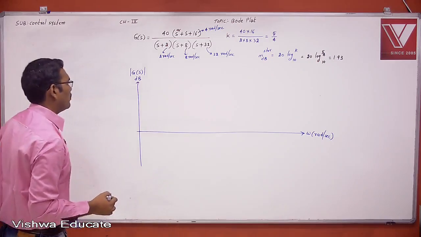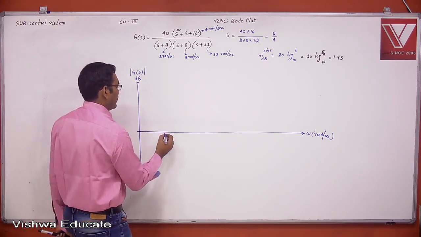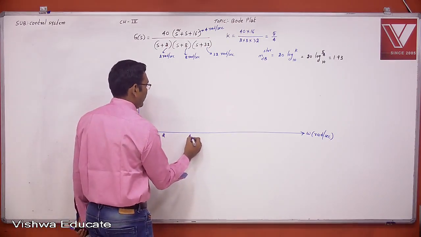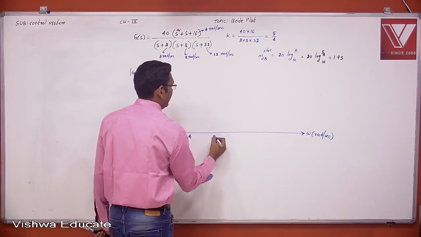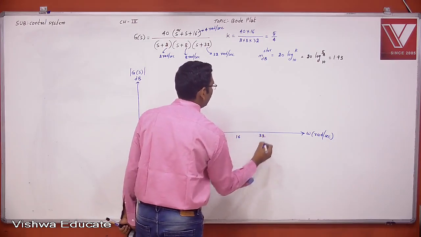The corner frequencies in ascending order are 2 radians per second, 4 radians per second, 8 radians per second, 16 radians per second, 32 radians per second.